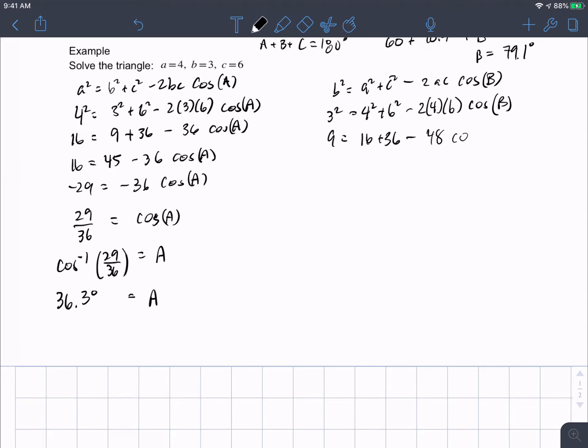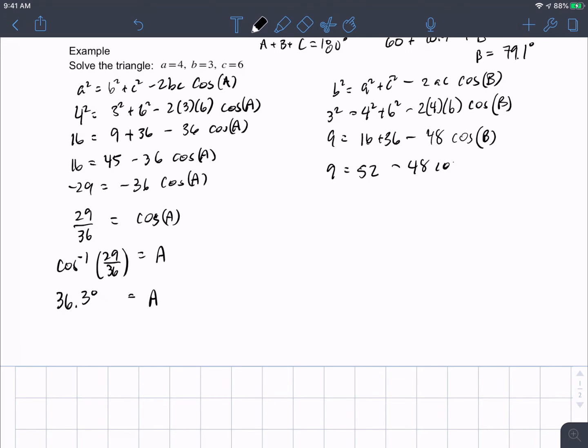these numbers. Oh, is that right? 9 is equal to 42? I think it's actually 52.